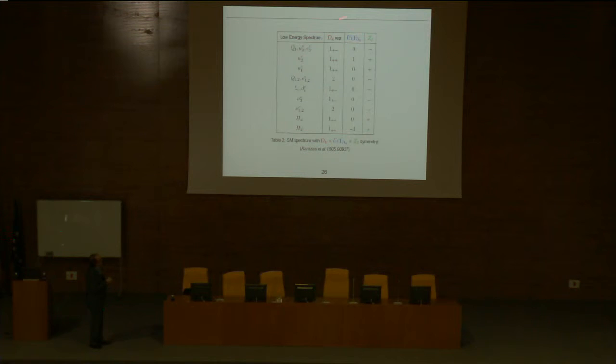If I focus only on the matter of the standard model, just to make it more clear and transparent, I see that I have also here doublets under D4 and various kinds of singlets that appear in this particular group. And here is the Z2 symmetry. I just wanted to tell you that this Z2 symmetry is not exactly the R parity that we know, but as we will see, it is enough just to prevent the dangerous terms of the superpotential.